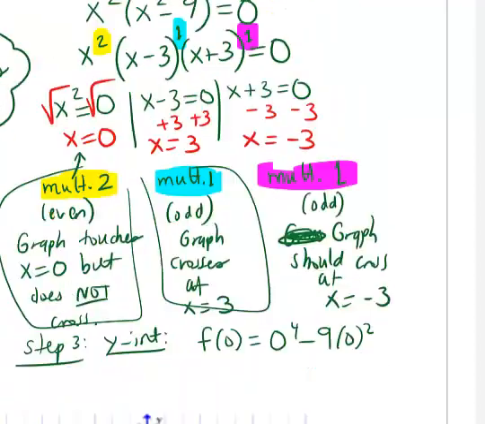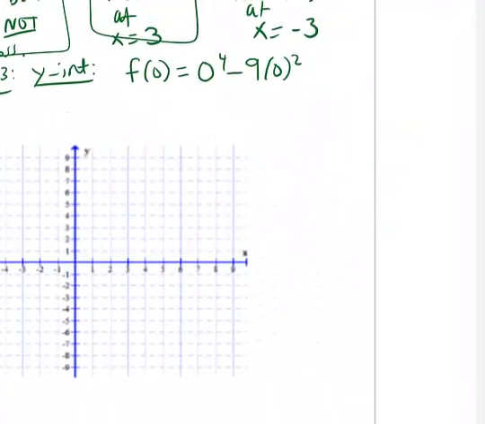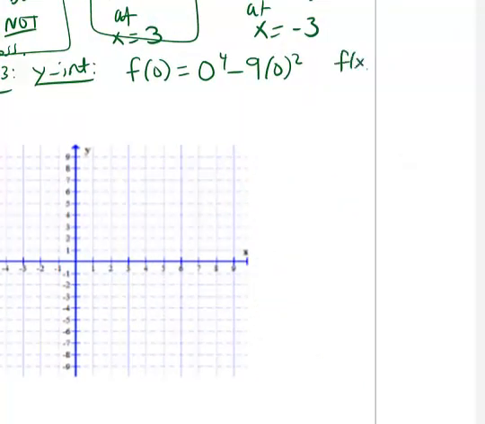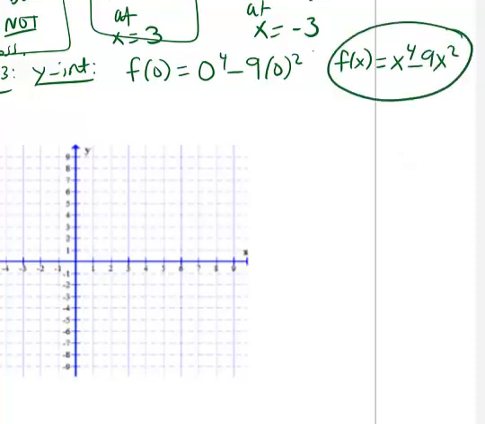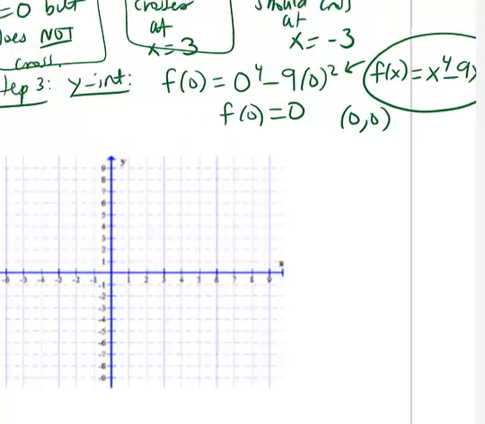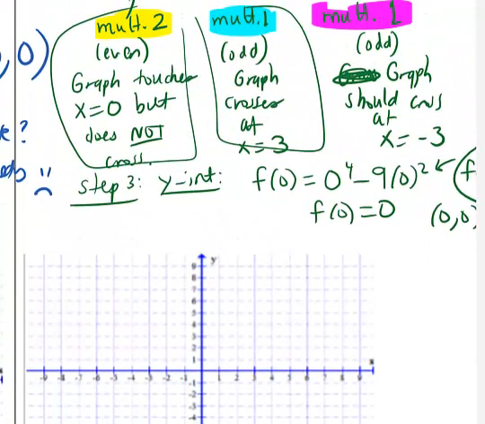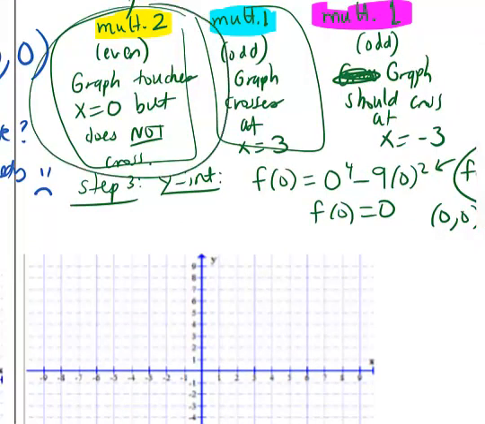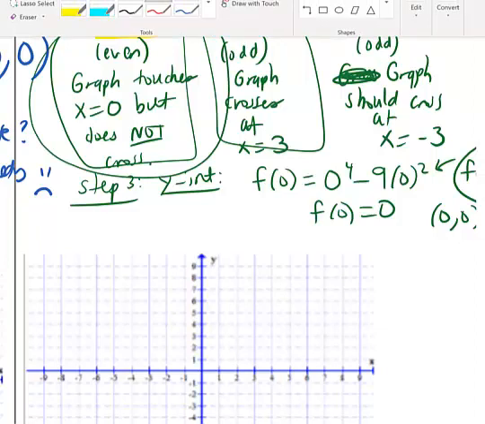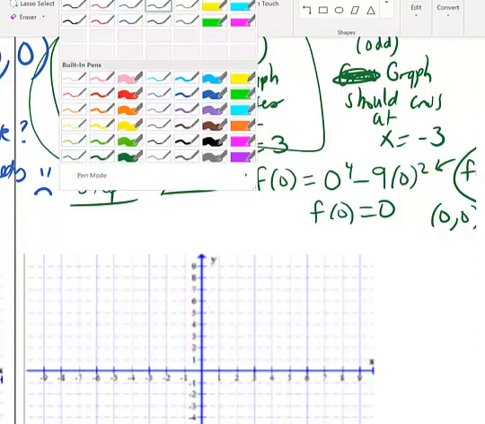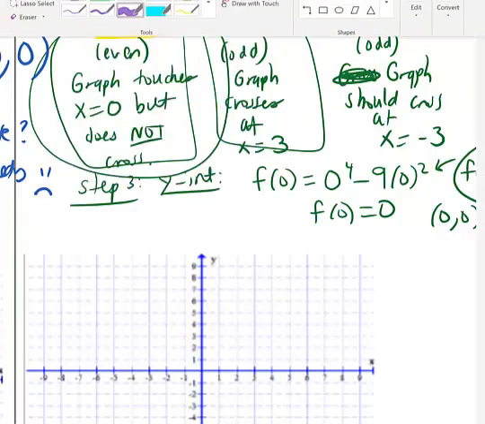Remember I'm just substituting into x to the 4th minus 9x squared, the original function I was given. Either way, I'm going to get 0. So I just found out the point 0, 0 is on the graph, but just like the last problem we did, I already knew that because I found the x-intercept to be 0. But I promise the y-intercept isn't always so useless. A lot of times it actually helps you because the y-intercept's different from the x-intercepts.